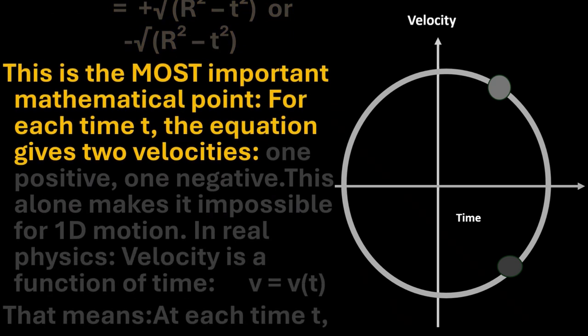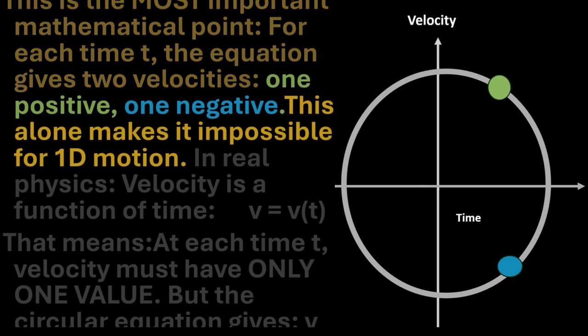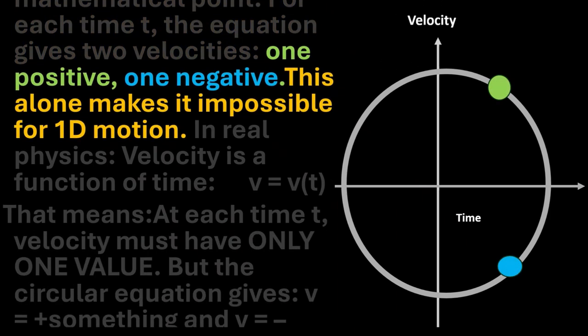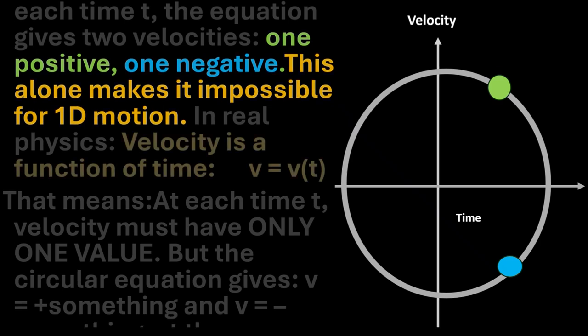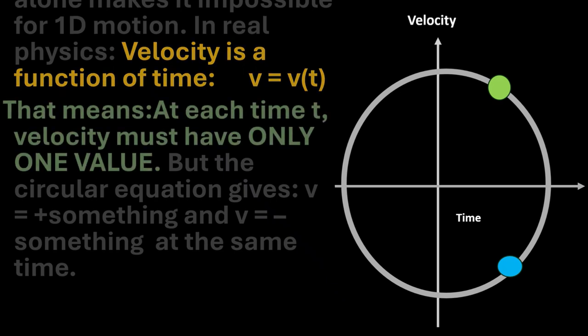From the point of view of a mathematical analysis, for each input t, we get two corresponding velocities of v, which means this graph is practically not possible. Why?